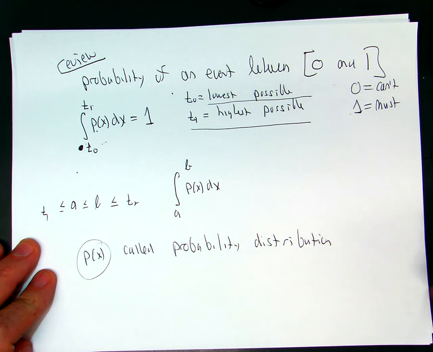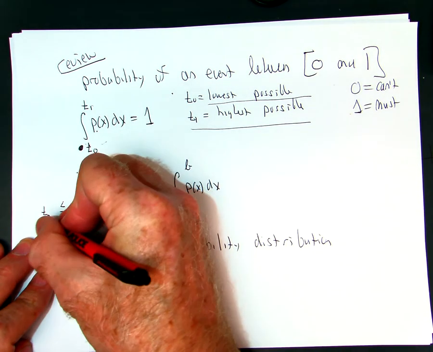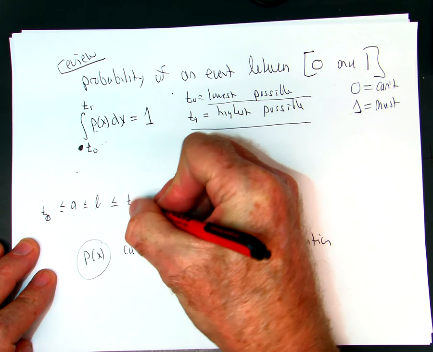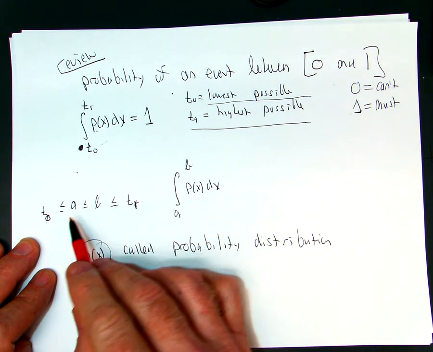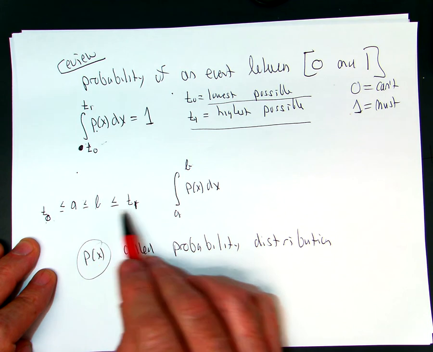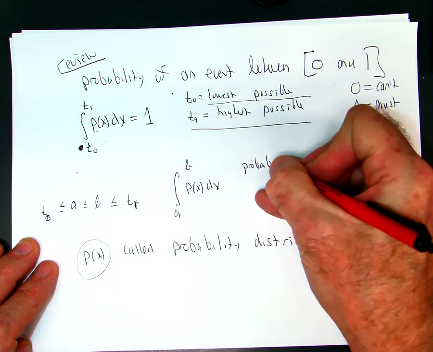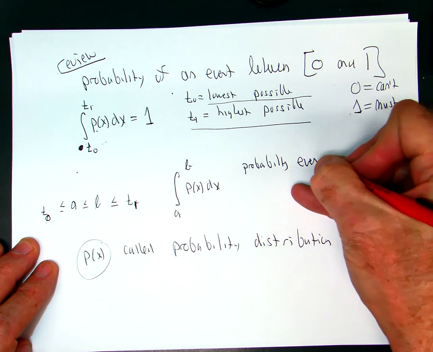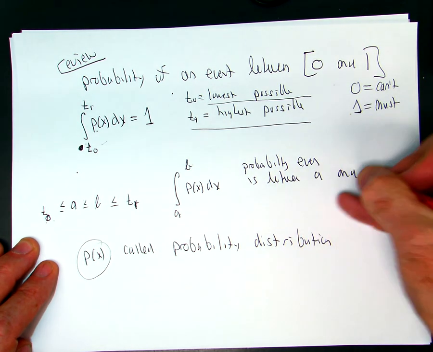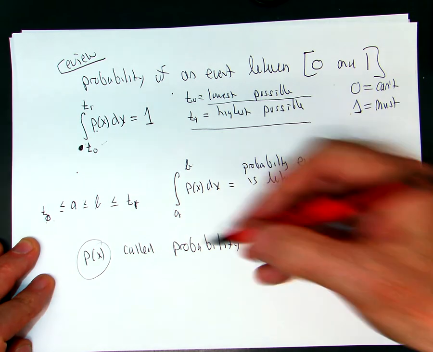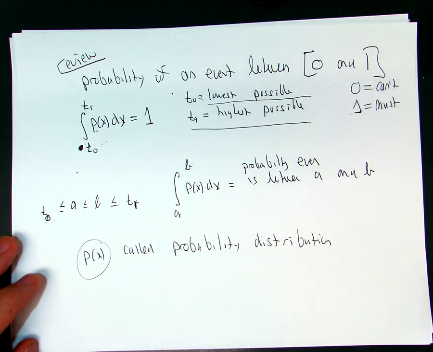Now, if I look at a to b, where a is greater than t0 but less than t1, this is going to be the probability the event is between a and b, and this integral will give it to us. And that's it. I hope that makes some sense.